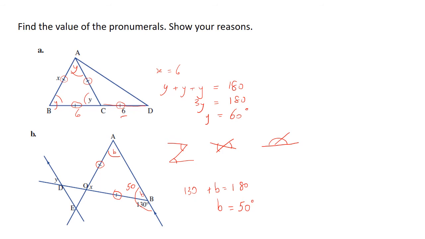So if it's 50 degrees here, it has to be 50 degrees over here. Then we could work out x, because x plus 50 plus 50 will add up to 180. So x plus 100 equals 180. So x is going to equal 80 degrees.